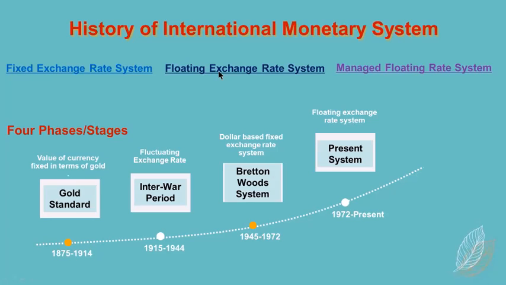So likewise, managed float is an exchange rate system in which the government or the country's central bank may occasionally intervene in order to direct the country's currency value in a certain direction. Normally it is for a positive outcome. It is actually halfway between the fixed rate system and the floating exchange rate system.